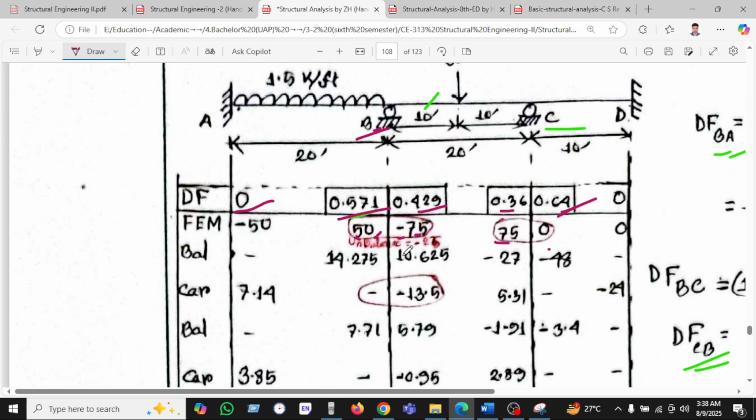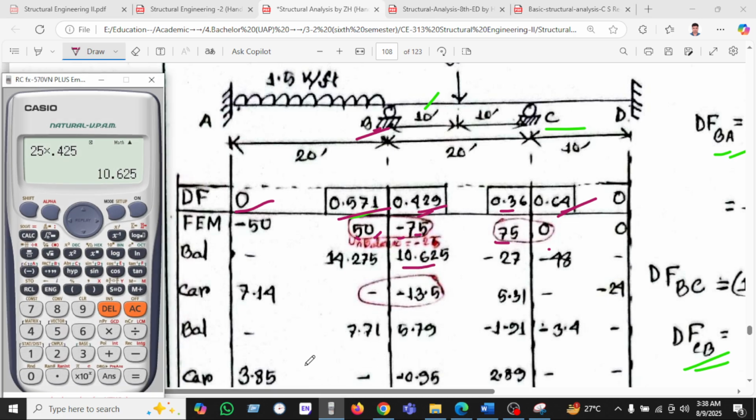So the unbalanced moment is 75 minus 50, which is 25. Multiplying 25 by 0.425 gives 10.625. Similarly, 25 into 0.571 gives 14.275.